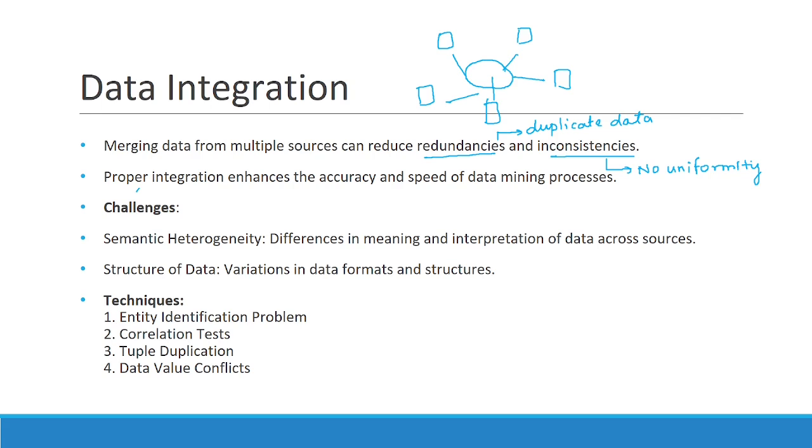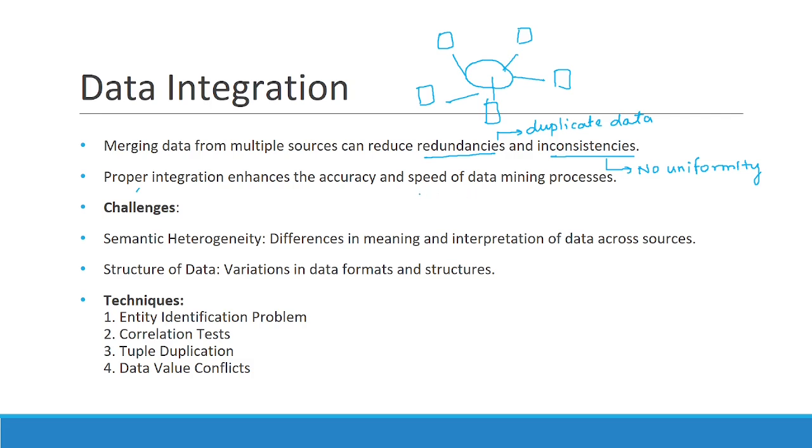So whenever we go for integrating the data at one place, we need to take care of these redundancies and inconsistency. When we remove these redundancies and inconsistencies from the data, then only our data will be accurate and it will give you good results.